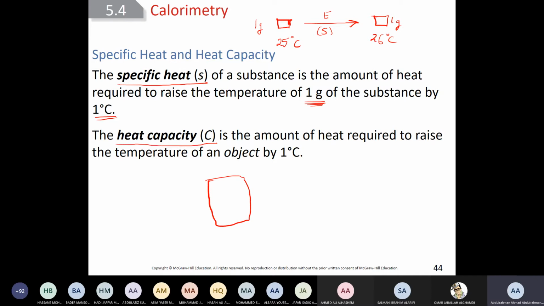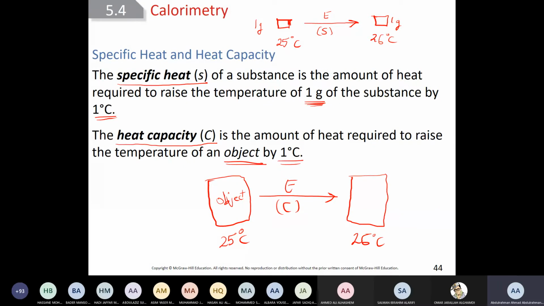But I know if this is at 25 degrees C, and this is 26 degrees C, how much energy do I require to heat this same object by 1 degree? Then this is called heat capacity. So the heat capacity is the amount of heat required to raise the temperature of any object by 1 degree C. Is this clear? Okay, good.